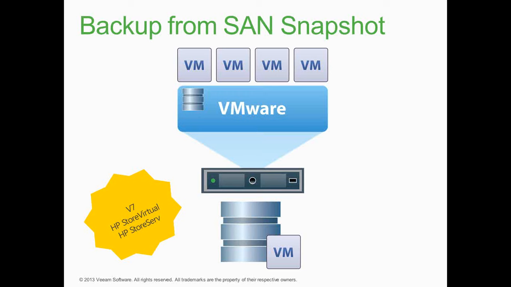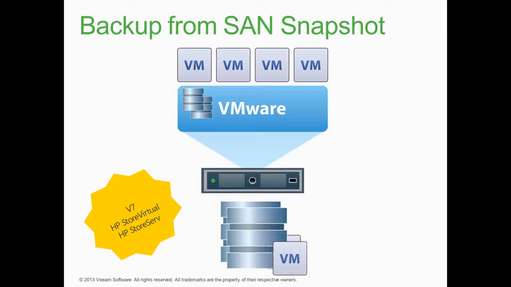The procedure for backup and replication from storage snapshots is this: Veeam Backup & Replication first triggers a VMware snapshot of your virtual machines whose disks are located on the HP SAN storage. Later on, Veeam Backup & Replication triggers an HP SAN snapshot on the volume holding the virtual machine and the VM snapshot.